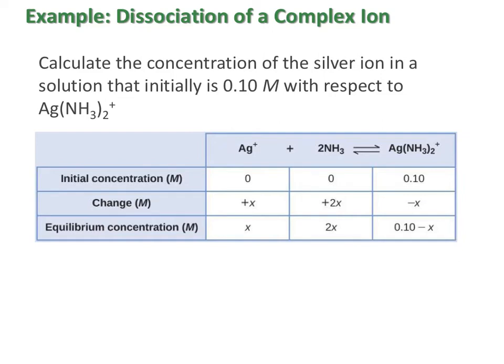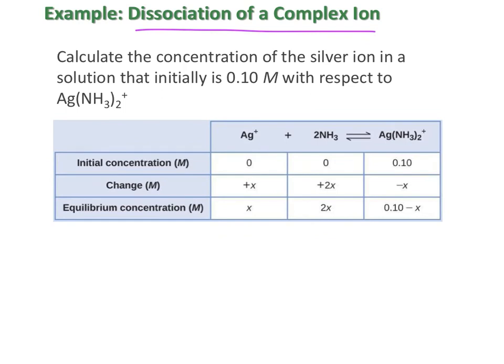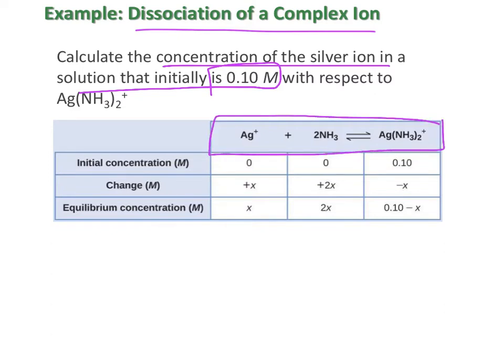So in this one, we are looking at the dissociation of a complex ion. So we're going to calculate the concentration of silver ion in a solution that is initially 0.10 molar with respect to the Ag(NH3)2 complex ion. So if we look at this little table that conveniently is already here, but if we had to develop it on our own, first we would look at the equation for this complex ion formation.